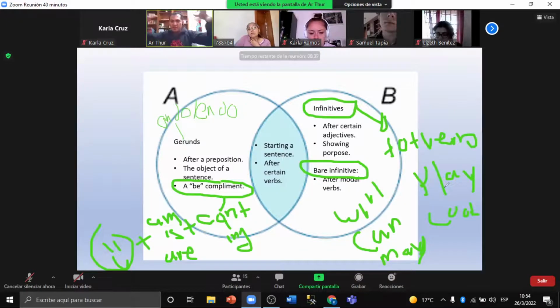These are the separated usages with infinitives and the ing forms. Well, look at this. Starting a sentence and after certain verbs. What did you research about these ing forms occurring after certain verbs? Or how is it possible to write the ing form and infinitive form starting a sentence?